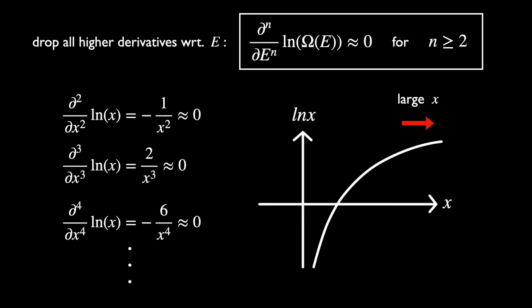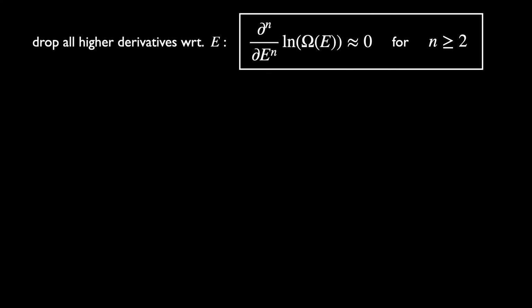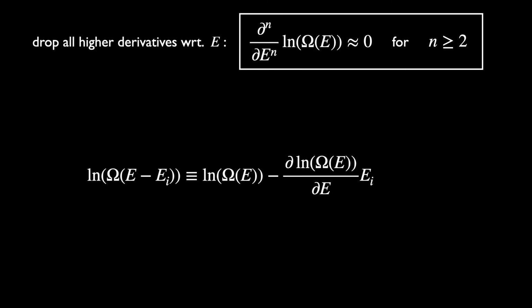This is exactly the situation where the total energy E is very much larger compared to EI, and so higher derivatives of log omega E with respect to E are similarly suppressed. And we are left with a truncated series where log omega of E minus EI is equivalent to a linear function of EI.